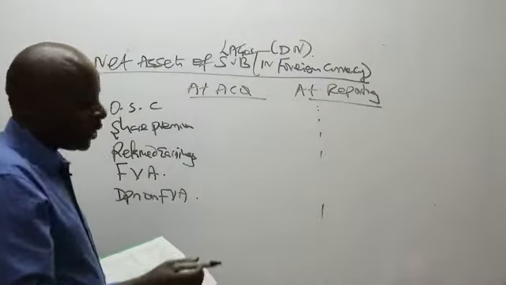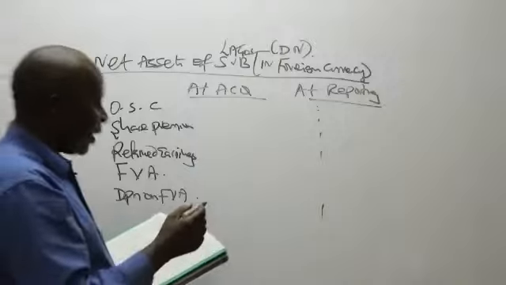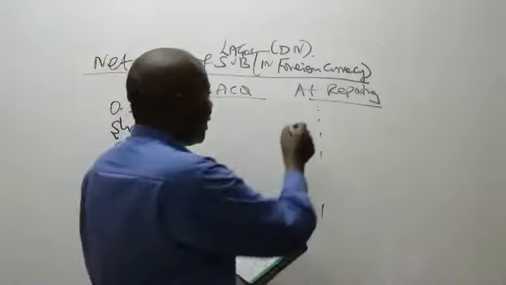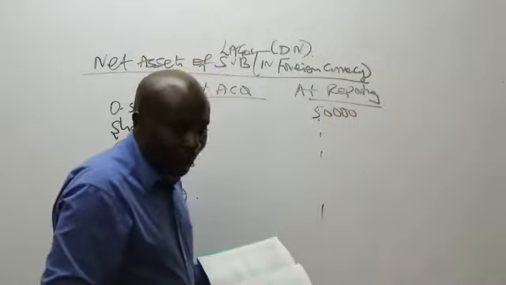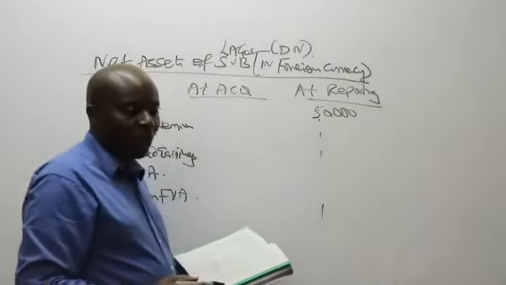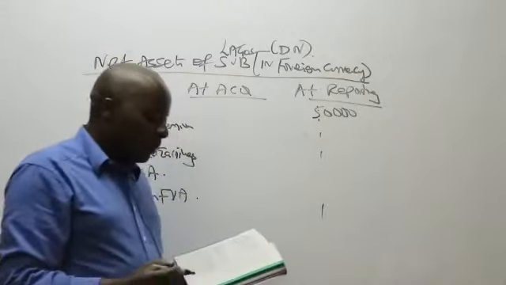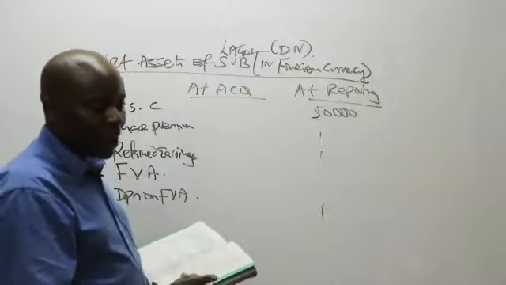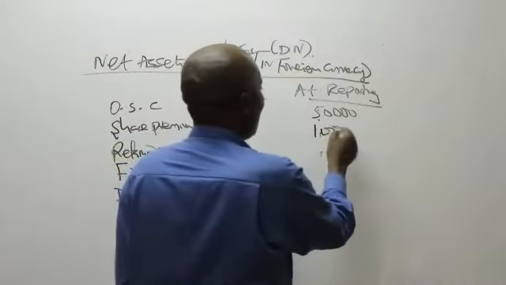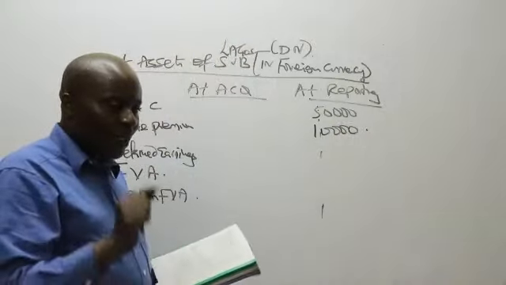Ordinary share capital for the company called Lagos, at reporting, how much is it? Is there anybody who is able to see 50,000? How about share premium for Lagos? 10,000, very good.